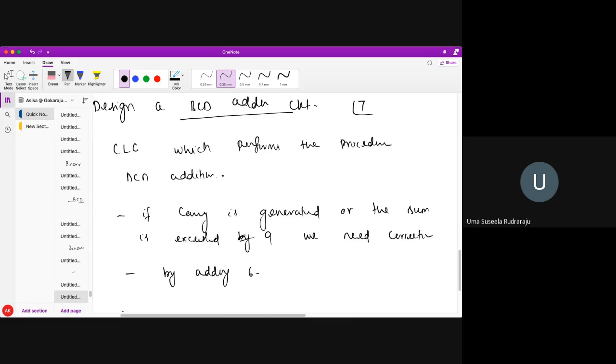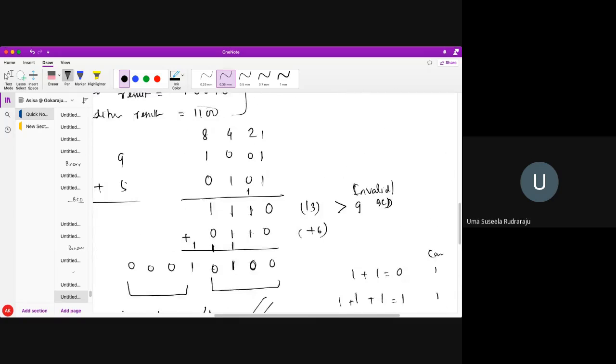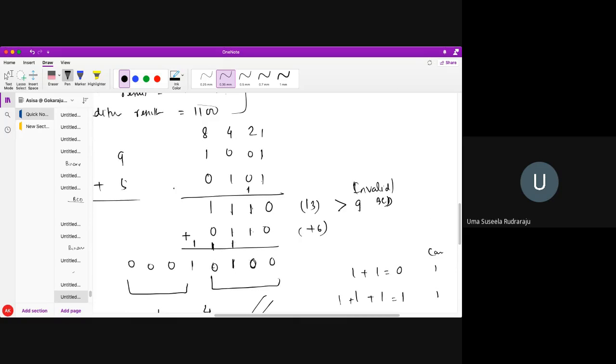Am I correct? So I have to design a circuit in such a way. Now tell me what we are doing mainly here. We are adding two 4-bit numbers. So can I say that a normal adder circuit can do this? A 4-bit adder circuit can perform this particular addition operation or not?